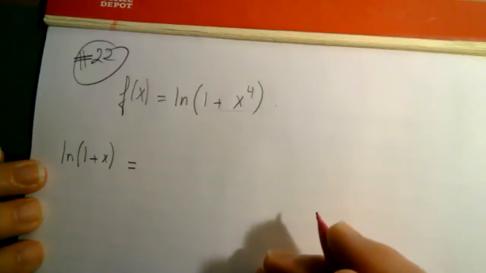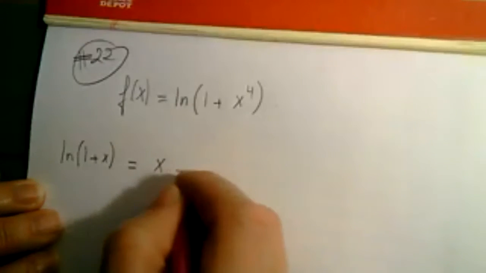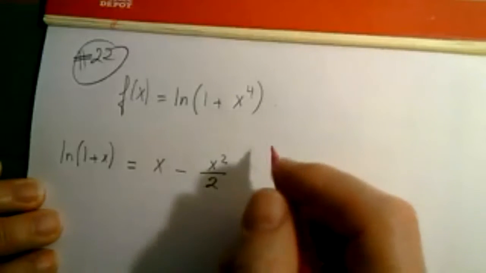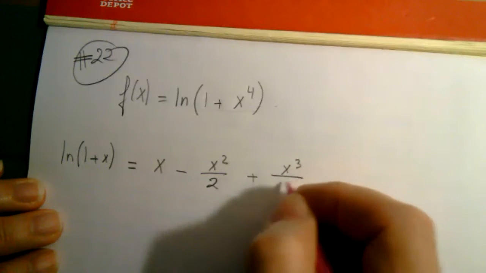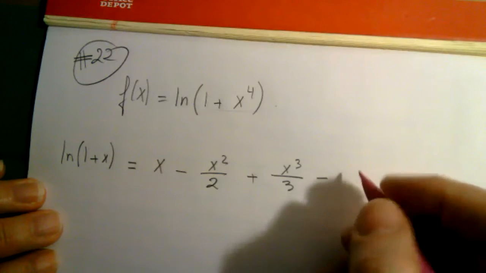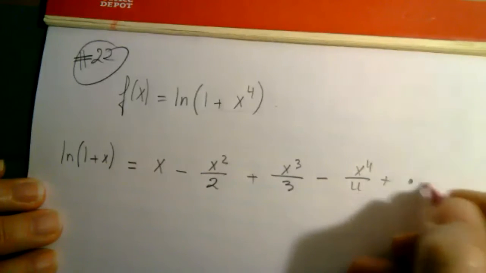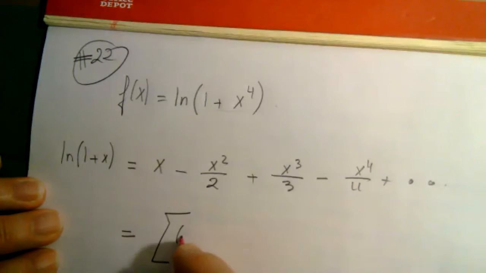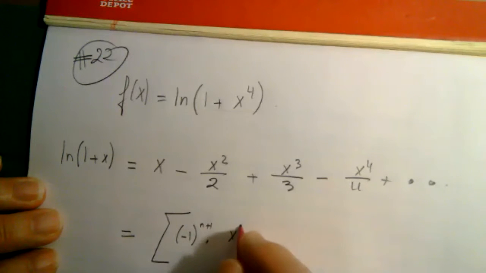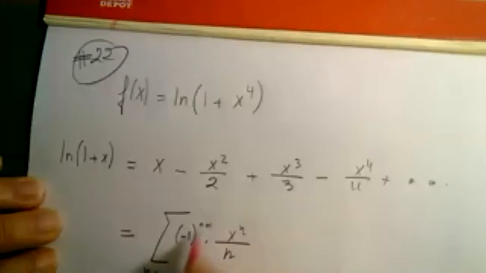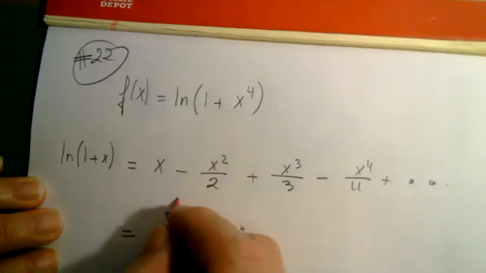So ln of 1 plus x is going to be equal to x minus x squared over 2 plus, as I said, you can use that, x cubed over 3 minus x to the 4 over 4 plus etc. And in sigma notation, that's sigma of minus 1 to the power n minus 1 or n plus 1, it doesn't matter, x to the n over n, where n goes from 1 all the way to infinity.